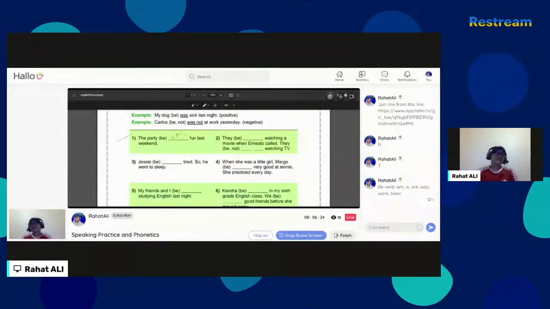So if you connect these two sentences together, look at this amazing part. They were not watching TV when Ernest called, number one. They were watching TV when Ernest called. Both are possible. The explanation I have given is for your comfortable understanding.